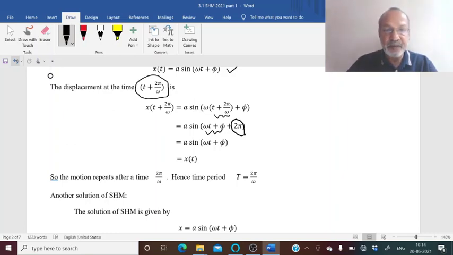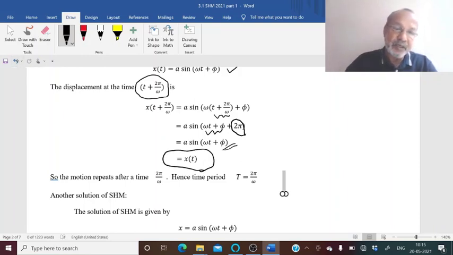So if you increase the angle by 360 degrees, then the sine function will remain unchanged. So we get a sin(omega t plus phi), which is the displacement at the time t. So displacement at the time t plus 2 pi by omega is the same as displacement at the time t. So displacement is repeated after a time 2 pi by omega.